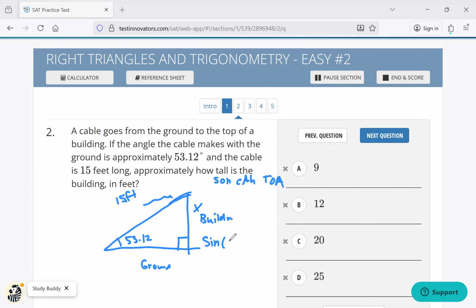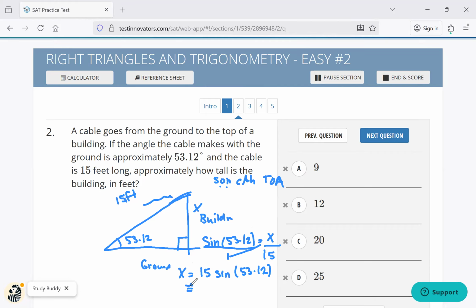Sine of 53.112 is equal to opposite over hypotenuse. So opposite is x, and then the hypotenuse is 15. Cross multiply, so 1 times x is x equals 15 times sine of 53.112.